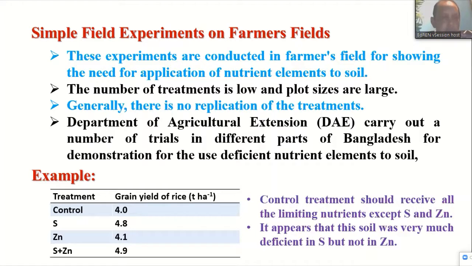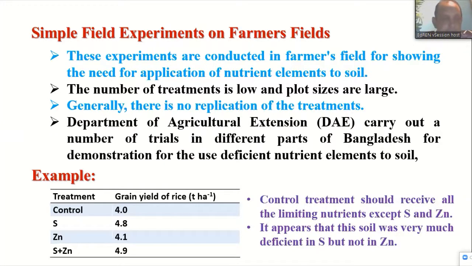And if we apply only zinc, not sulfur, all others are the same, that time it increases yield to 4.1 ton per hectare. If we apply sulfur and zinc together, that time yield increases up to 4.9 ton per hectare.